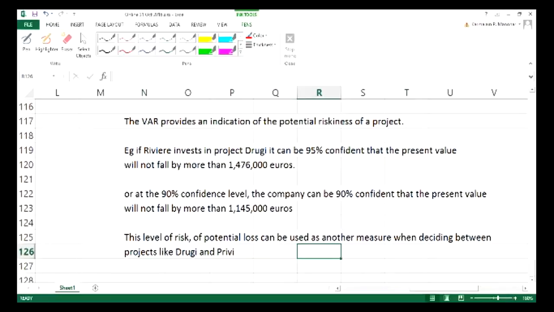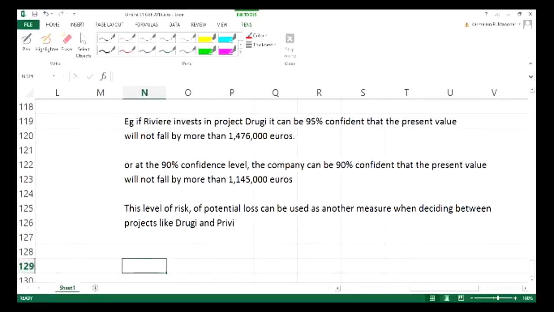So that's what we will then proceed to do. So you can call it potential loss, risk of loss, or just risk. Right, so this is our VAR, value at risk. Any queries with VAR? Make sure everybody's good, and let's move on to the final section to close off this part B.